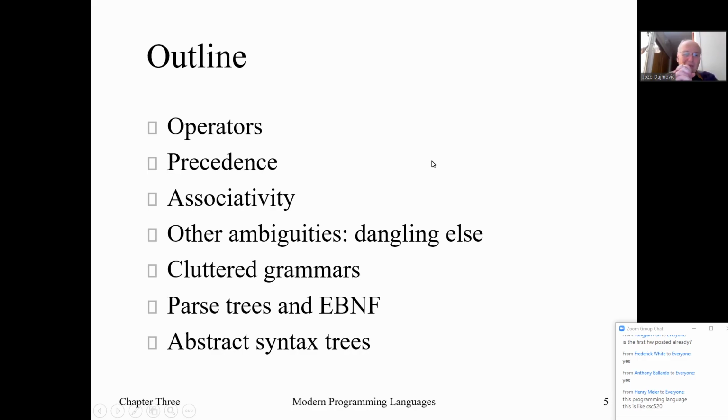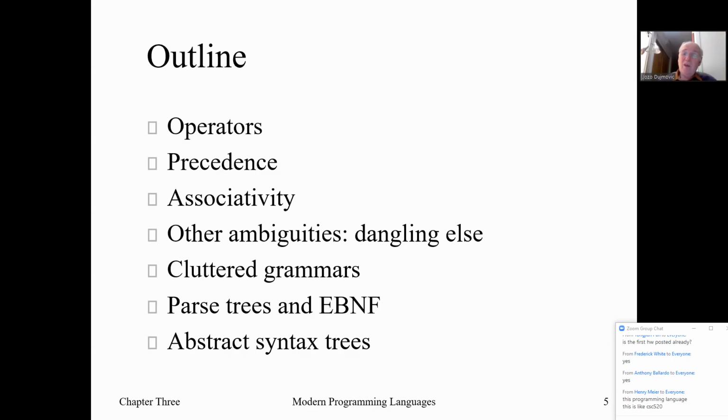So in this chapter, in the textbook, Weber is speaking about operators, precedence, associativity, then about if then else and dangling else, that is also something that is consequence of syntactical definitions.